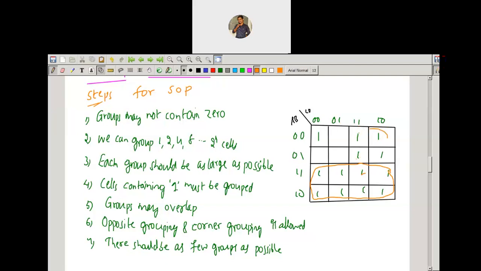You can group these four cells. But if you use the fifth point, groups may overlap. If you use these four cells along with the others, you can group eight cells here. That is, groups may overlap.